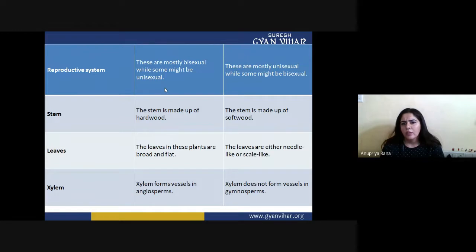A very rare situation can be seen as a bisexual plant, like if they have the same kind of sporangia formation on the same branch, where the male and female gametophyte develop from the same sporangia. In that case only will we call them bisexual. Otherwise, they will be unisexual. Mostly the gymnosperms are unisexual.